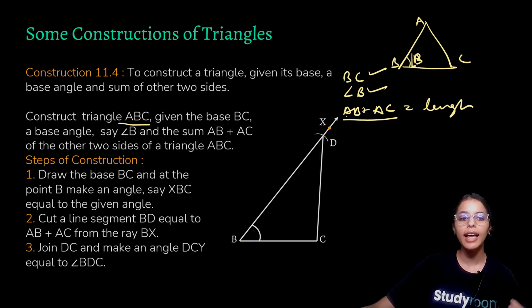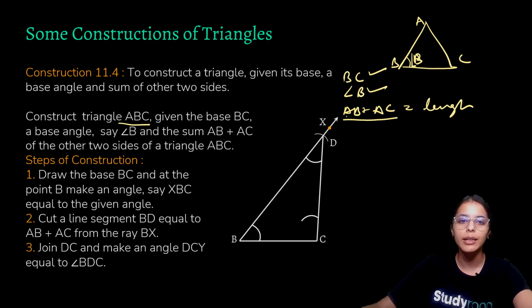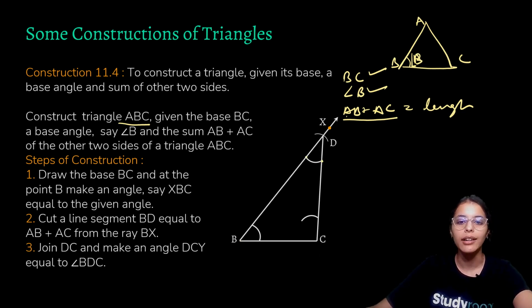And now we'll make the angle DCY such that angle BDC is equal to angle DCY. To construct DCY, first of all, let's draw an arc over here and draw the same arc over here. We'll keep the radius the same as this. Now measure the length of this arc and put it over here, at this place, and draw an arc over here.